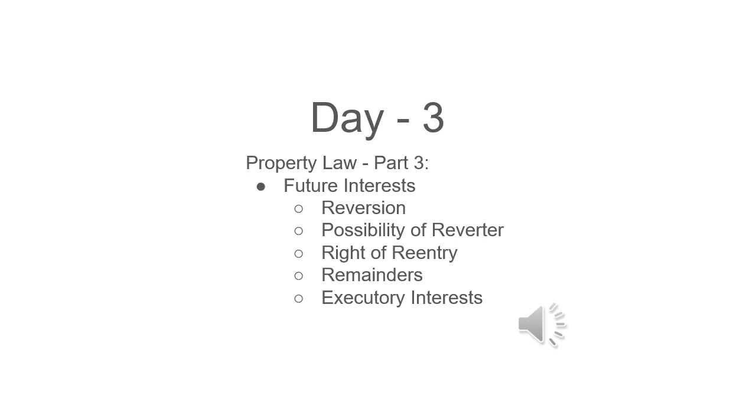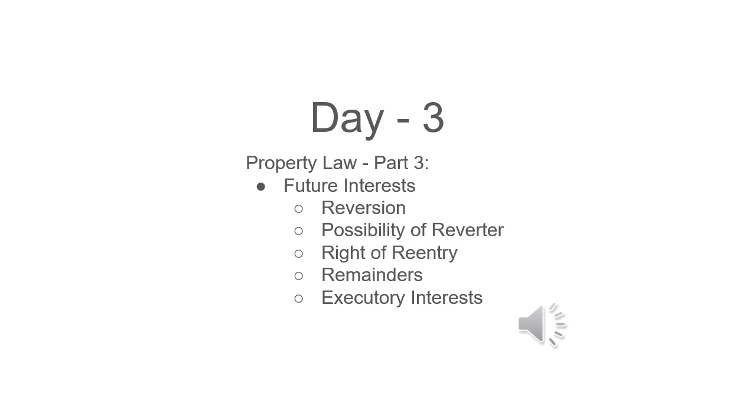An example would be a conveyance to children at the age of 18. At the grantor's death, one child is 20, the others are 12 and 15. At that grantor's death, only the 20-year-old is vested. The 12 and 15-year-old are not, but if they make the age of 18, they will become vested. So that's vested subject to open.